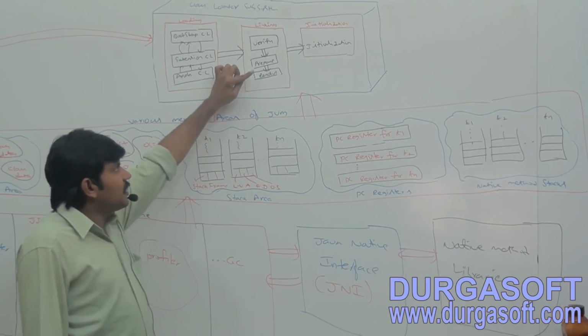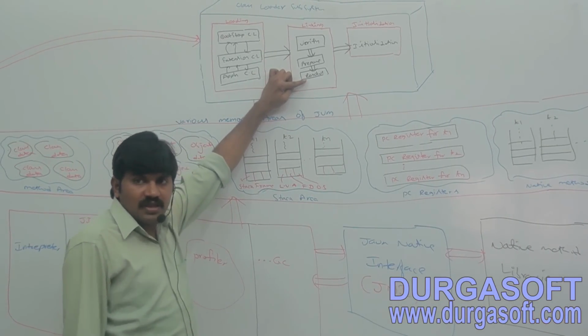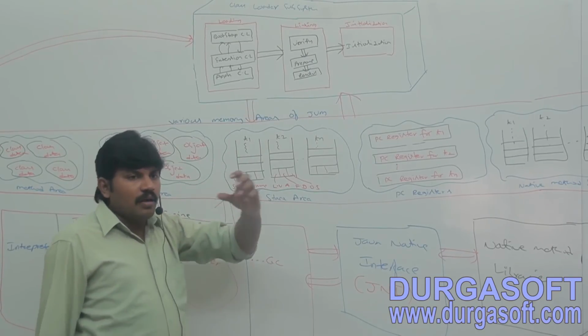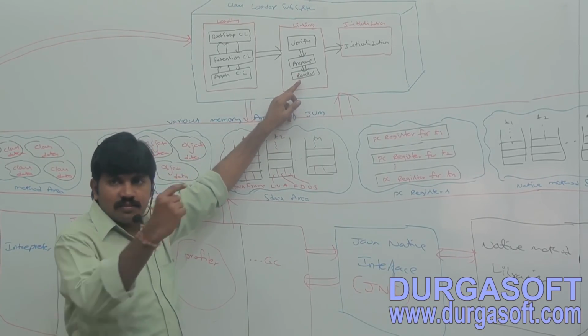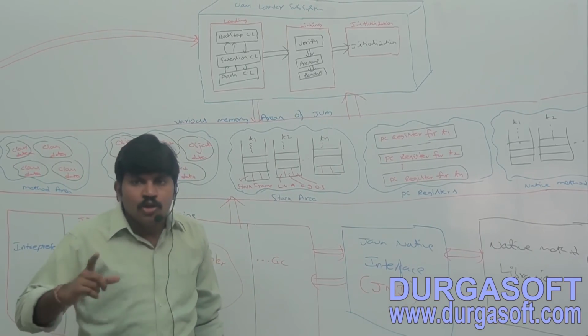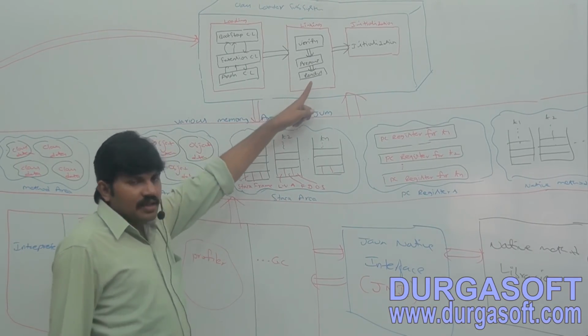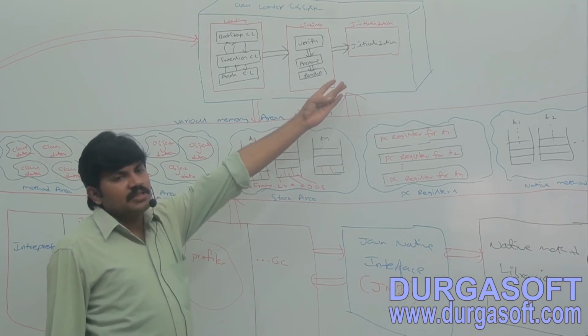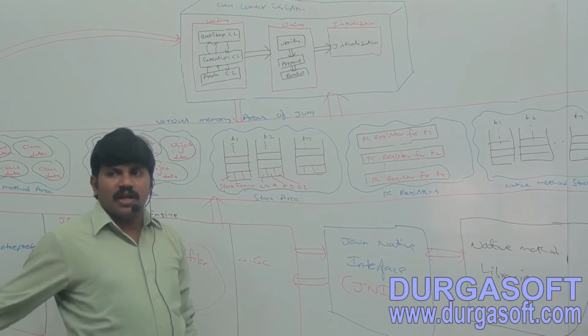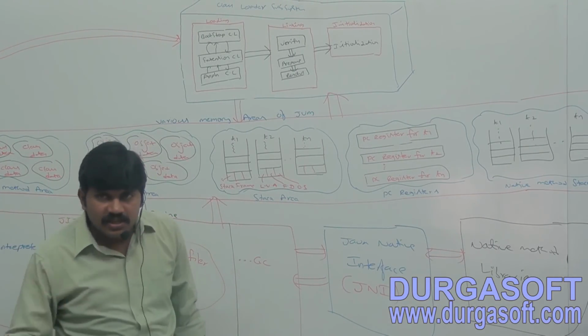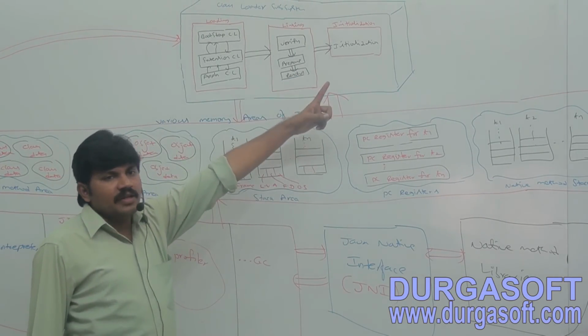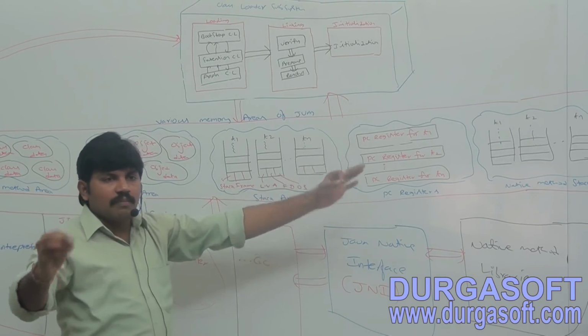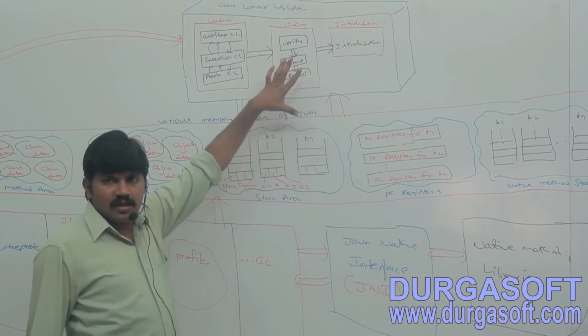Next, resolve: all symbolic references are replaced with original references from the method area. Initialization: static variable original values will be assigned, static blocks will be executed. That's all. After initialization, class loading is completed successfully by the class loader subsystem.